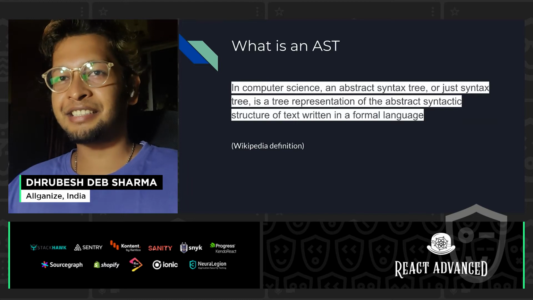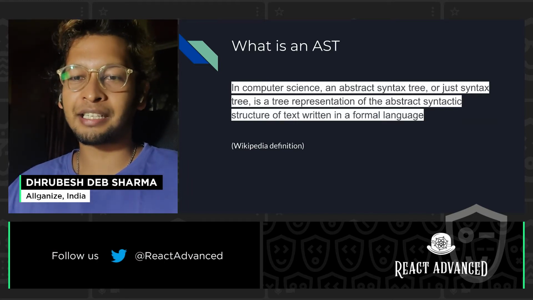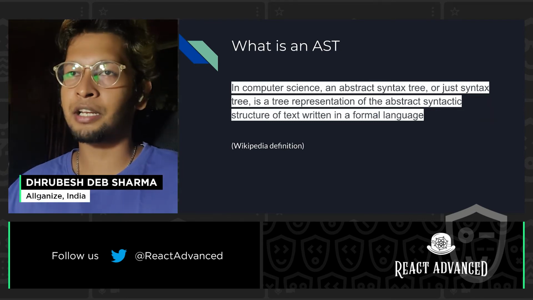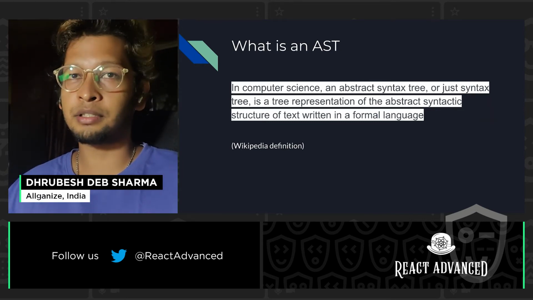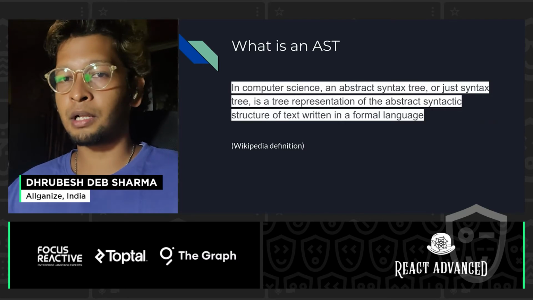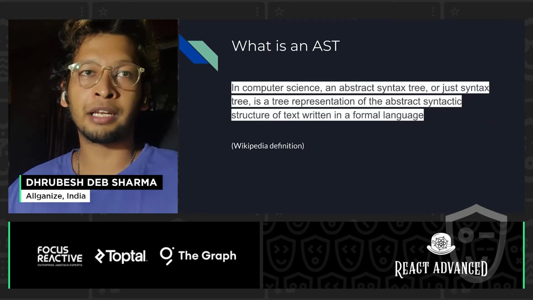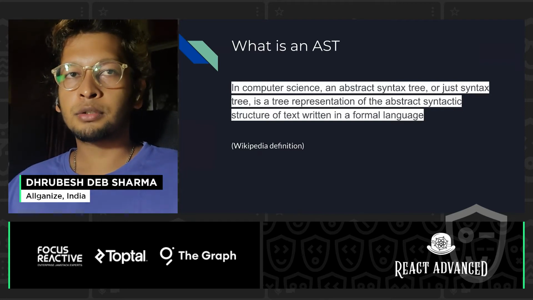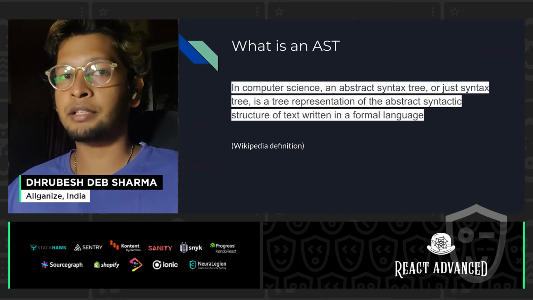This was a pretty complex definition for me, and it did not really hit me what exactly AST is. A lot of folks who are into coding don't necessarily come from a computer science background, so to them this does not really make sense.